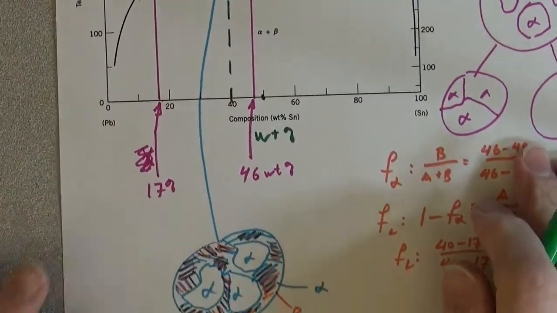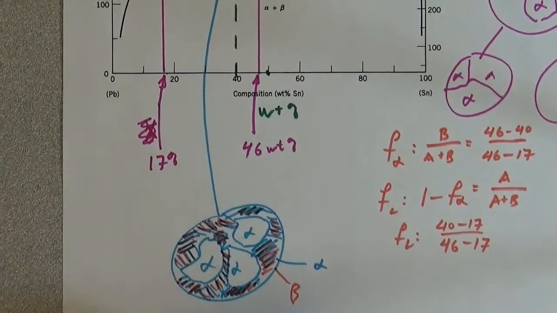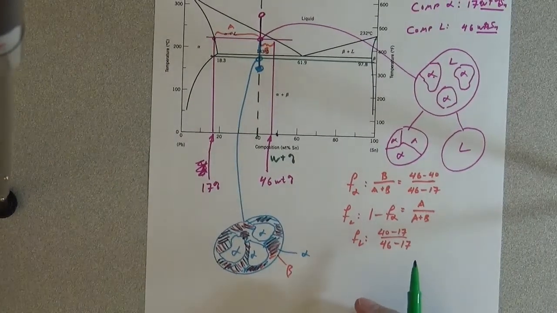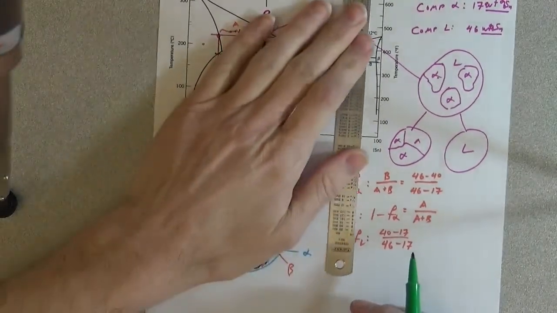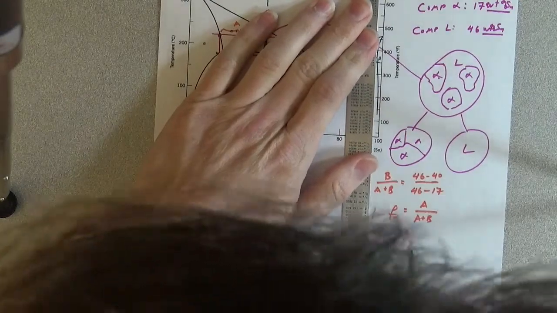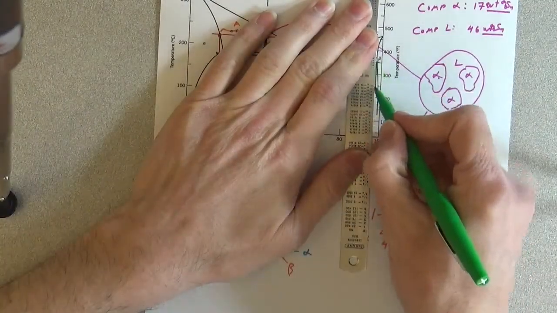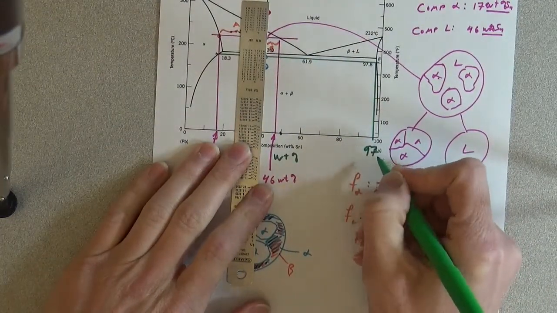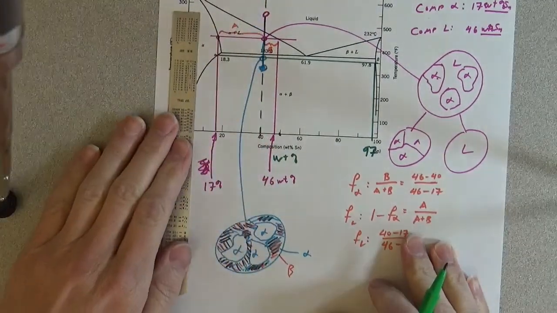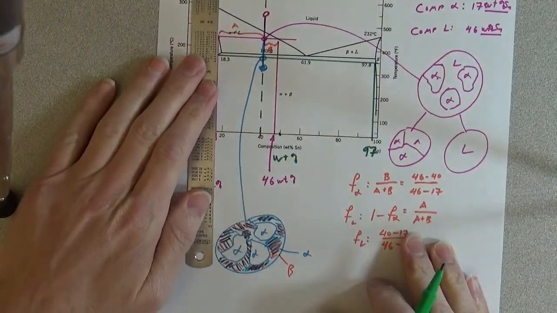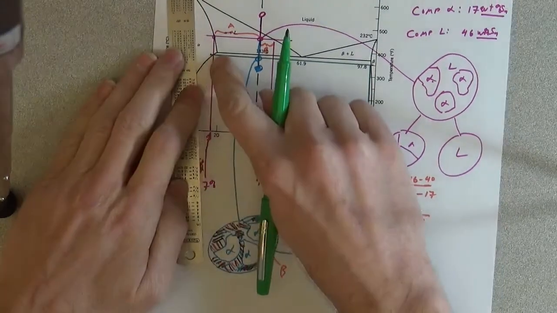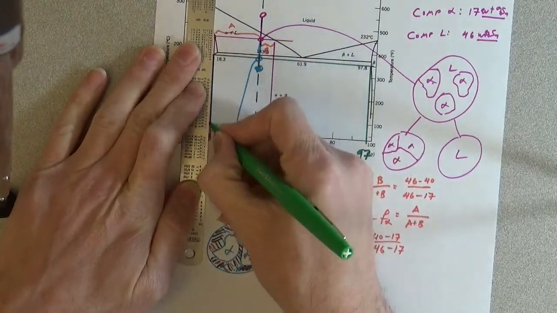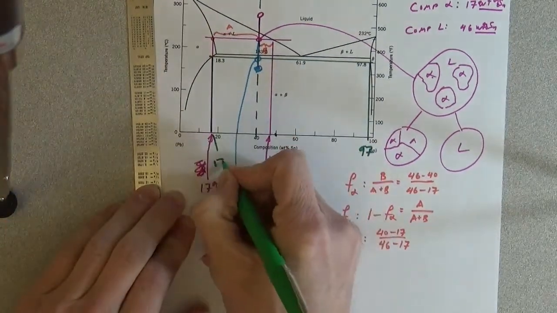Let me zoom out. Now let's draw our vertical lines. That is around 97%. And this vertical line is around 17, it actually almost lines up with the one before.